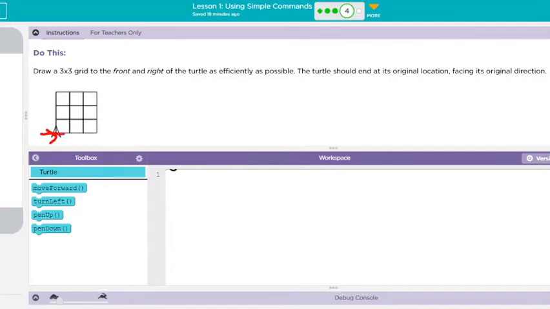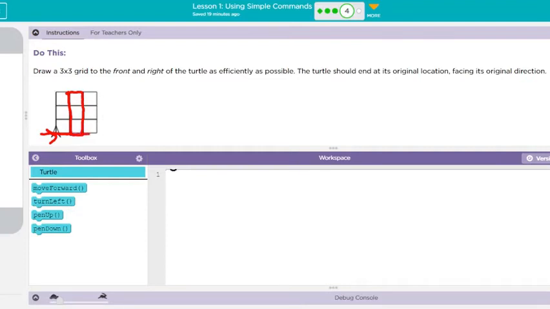Then I'm going to move forward 1, 2 spaces, turn left, move forward 1, 2, 3 spaces, turn left, move forward 1 space, turn left, move forward 1, 2, 3 spaces, turn left. I will overlap here.